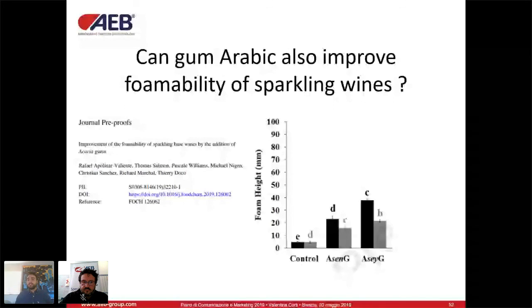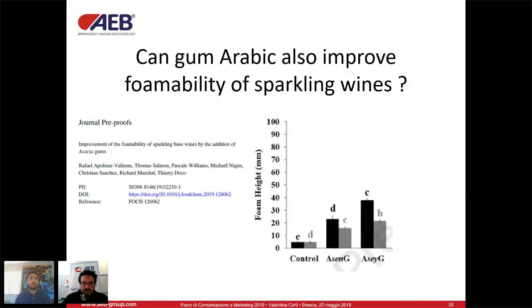There are a lot of studies that have been done, not just by AB, with different years, that show that the addition of tannins can improve the quality of your wine.